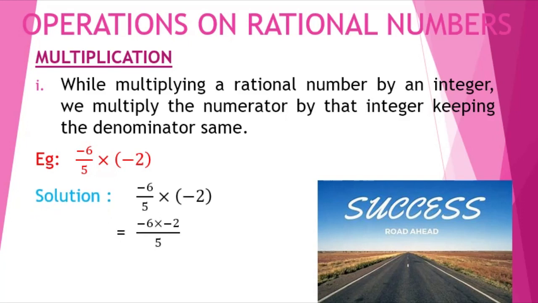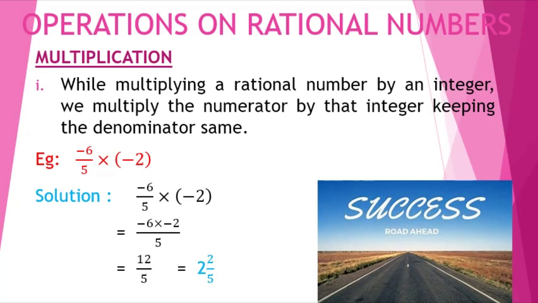Minus 6 by 5 multiplied with minus 2 means the numerator minus 6 is multiplied with the integer minus 2, divided by the denominator 5. Negative multiplied by negative gives positive. So we got 12 upon 5. It can be written as 2 integer 2 by 5.